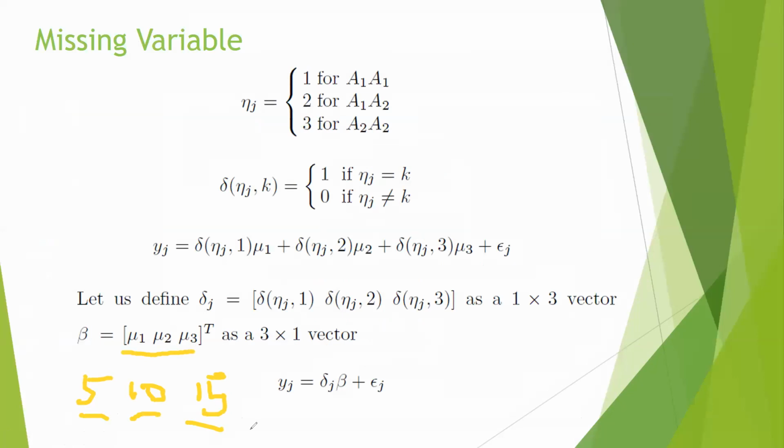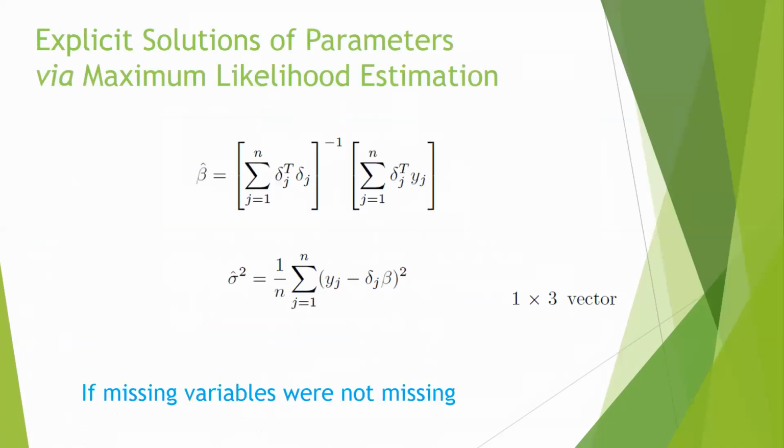And we use this mixture model here. Suppose there's no missing value, everything can be observed. So for example, this can be observed. This is not true, okay? But if we assume this can be observed, it's very simple.